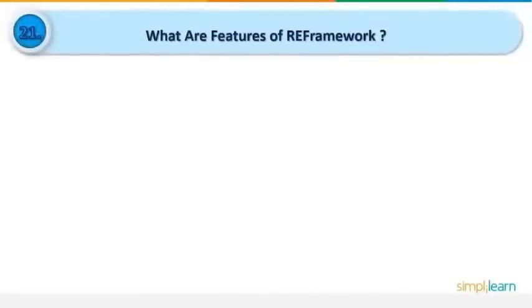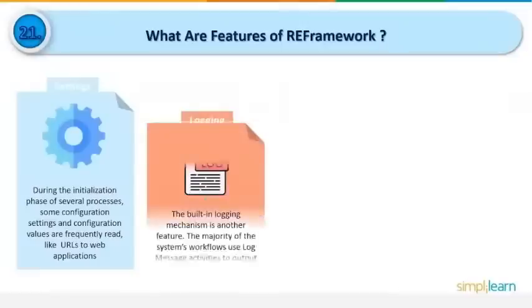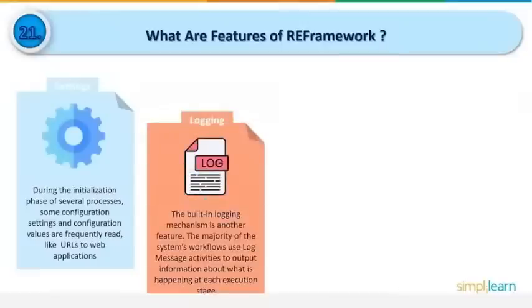What are the features of the RE framework? Settings. During the initialization phase of several processes, some configuration settings and values are frequently read, like URLs to a web application, orchestrator queue names, and default logging messages. Logging.